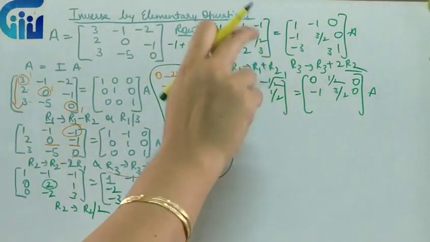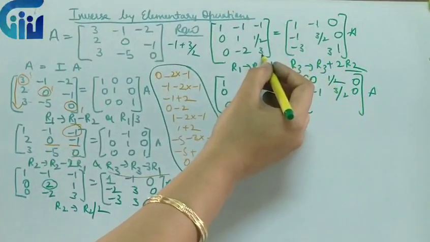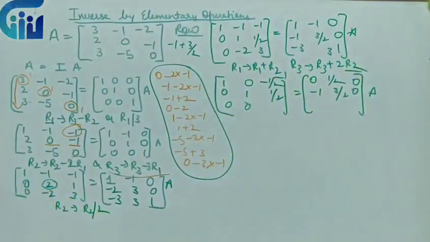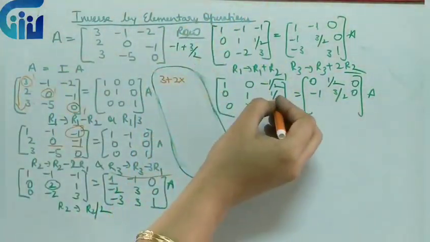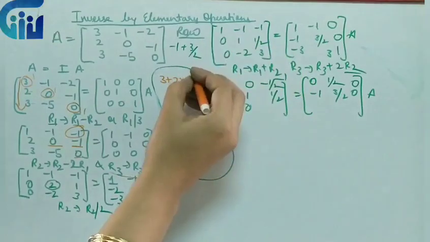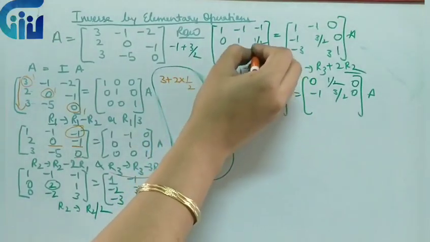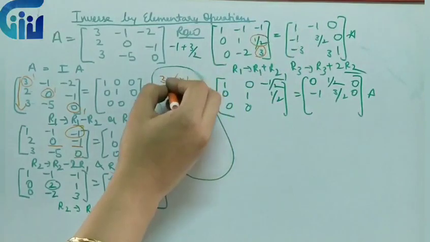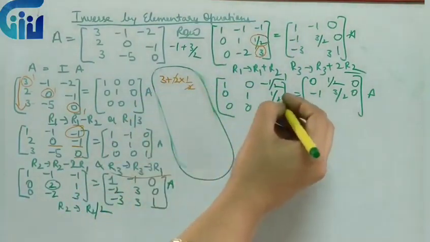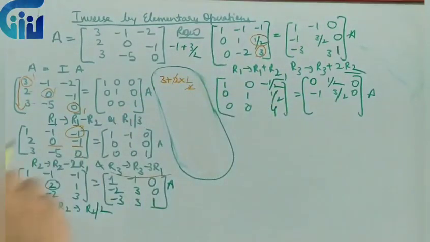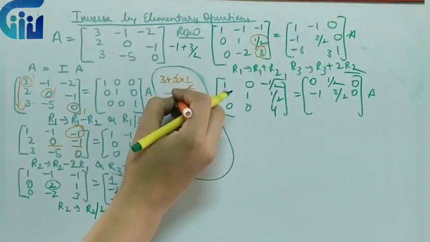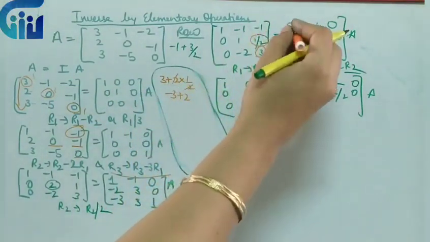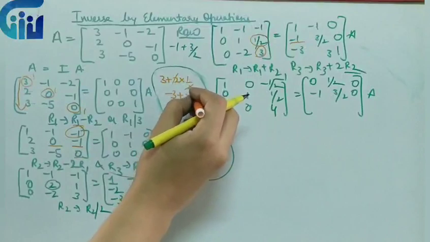So R3 I will do from here. I will write 3 over there. So we will have R3 is 3 plus 2 times of 1 by 2. Corresponding element for this R3 is this 1 by 2. So it will be 3 plus 1, that is 4. So I will write 4 over here. Now let's move on to this. It is minus 3 plus 2 times the corresponding value, minus 1 into minus 1.